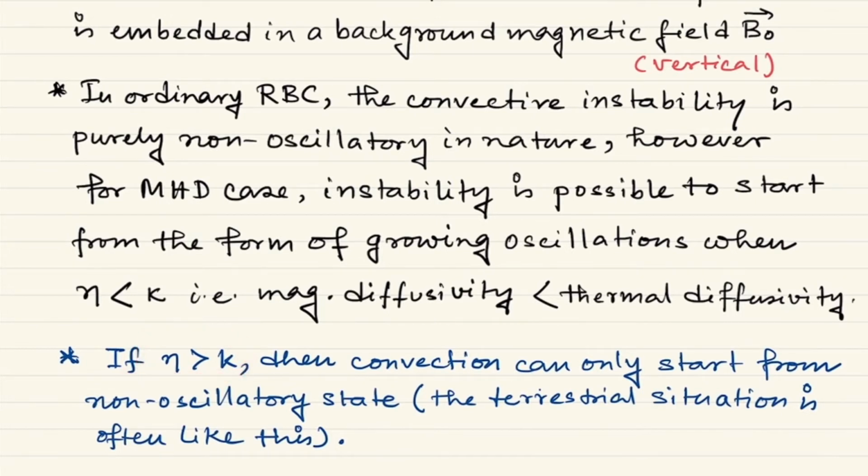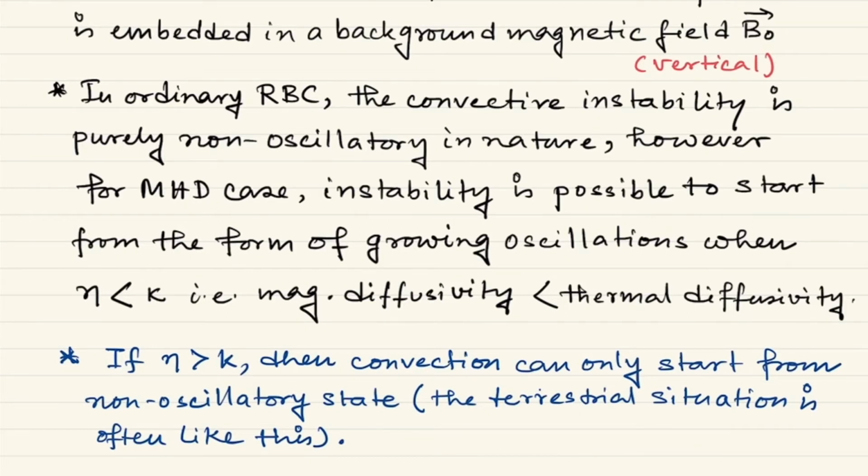But in the case where eta is greater than kappa, that means the magnetic diffusivity now overcomes the thermal diffusivity, then the convection can only start from a non-oscillatory state, and that's exactly similar to the case of hydrodynamic Rayleigh-Bénard convection.